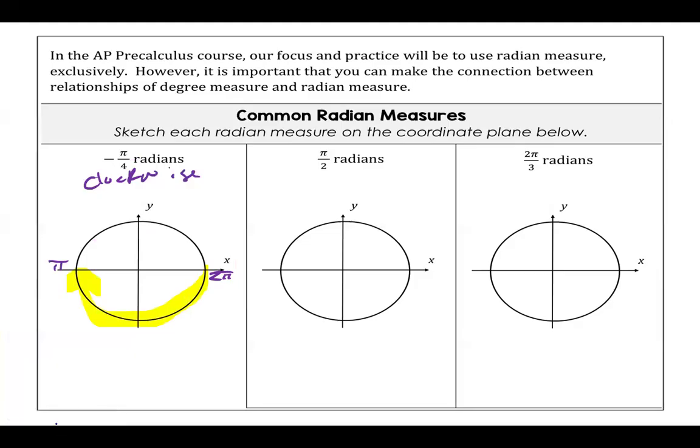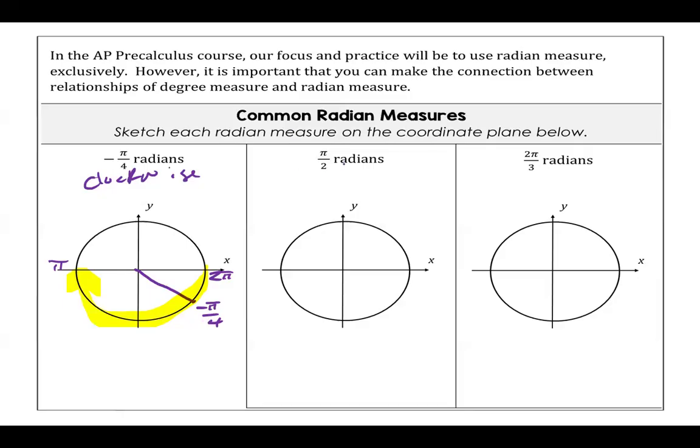And I'm going to divide it into fourths because, again, 1 pi is only half of the circle. So if I was to divide this into fourths, this is a half. This would become a fourth. So this is where negative pi over 4 would reside. Pretend that I equally split that. Because if this is a whole, this is a half, then this would be a quarter. Does that make sense? Okay.